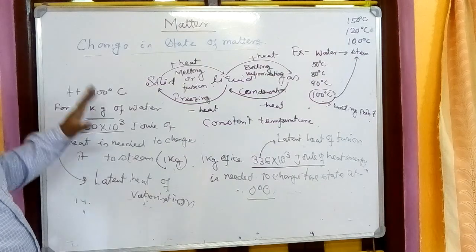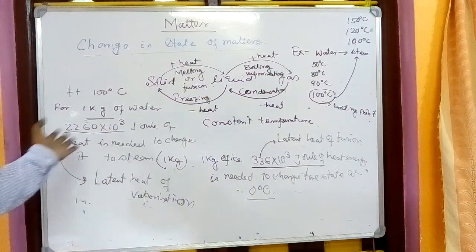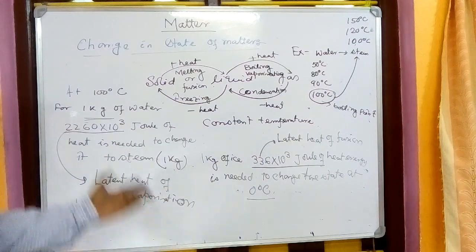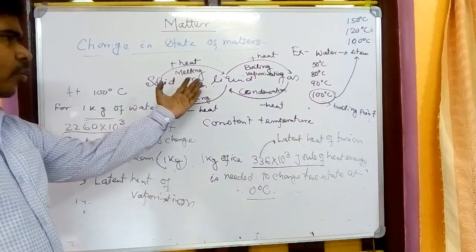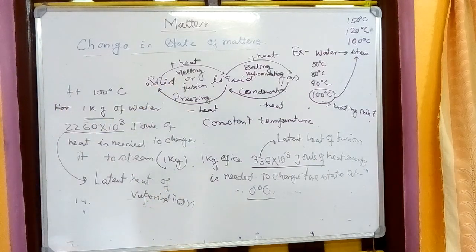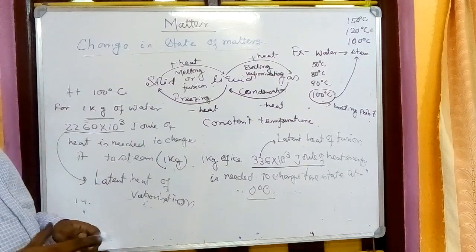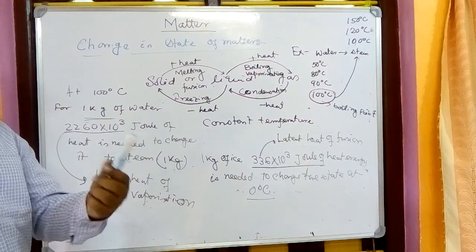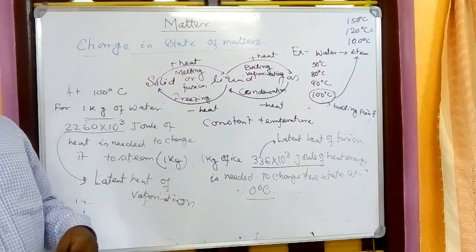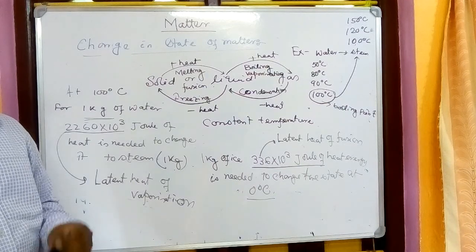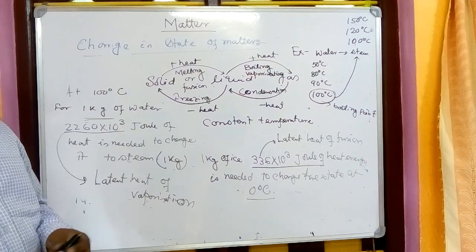Now I'm giving you the last part: why the state is changed. Simple thing, as you give more heat energy to a liquid, the kinetic energy of the liquid will be more, and at a certain point the kinetic energy is so much that the liquid cannot control it.